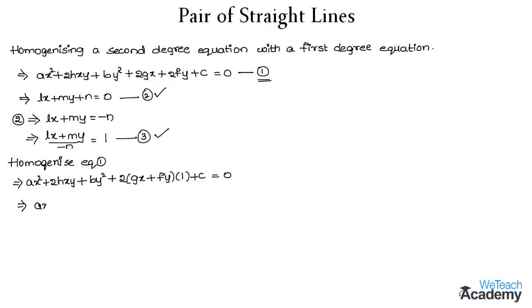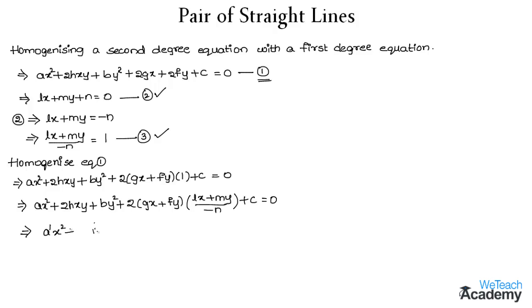That implies we get ax² + 2hxy + by² + 2(gx + fy) into (lx + my)/(-n) + c = 0. By simplifying this equation, we get a second degree equation in the form a'x² + 2h'xy + b'y² = 0. So this is the process of homogenizing a second degree equation.